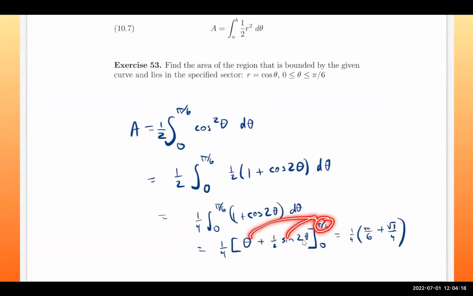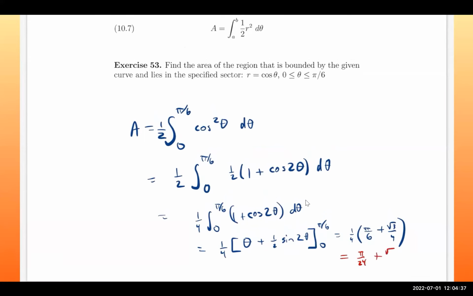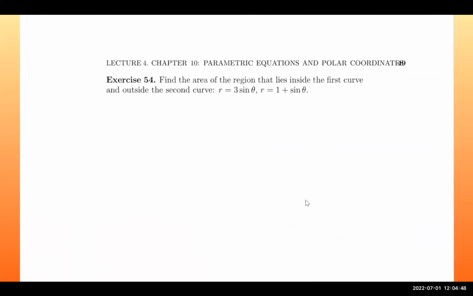We don't have to plug in the bottom limit because that's 0, and sine of 0 is 0. So we only had to plug in the top, and that's where I get this value. When I plug that in, I get radical 3 over 2. However, there's a 1/2, that's why it becomes a 4. So our final answer, if we distribute the 1/4, will be pi over 24 plus radical 3 over 16. That is the final answer.